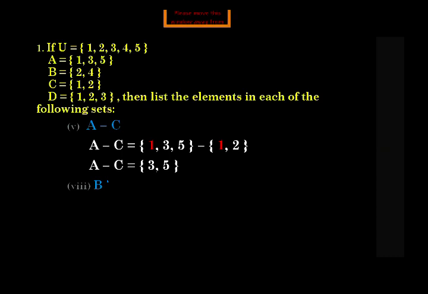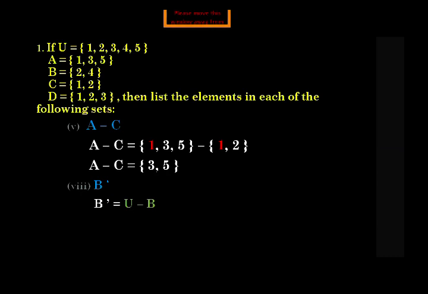Now we are starting part number 8. We read it as B complement. So how will we solve the B complement? This is a small formula for solving the B complement, and the formula is B complement equals U minus B. It means we have to subtract the elements from the universal set.